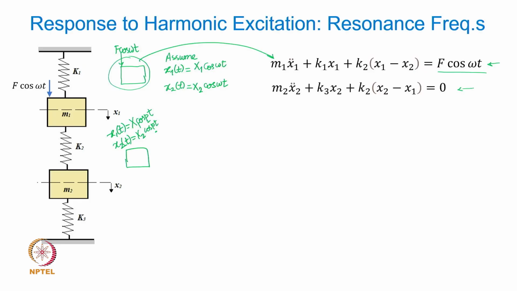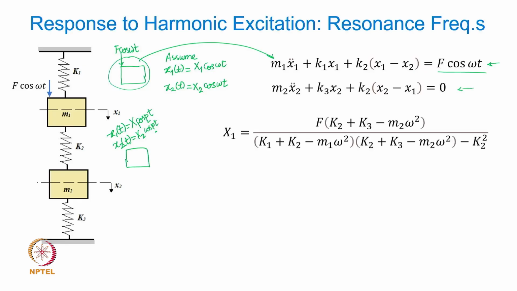equations, the intermediate simple mathematical manipulations I am skipping here for the sake of time, and you can easily show that when you substitute these assumed solutions into these equations and solve, you would get the expression for capital X1 by separating the terms of X1. You will get this expression.